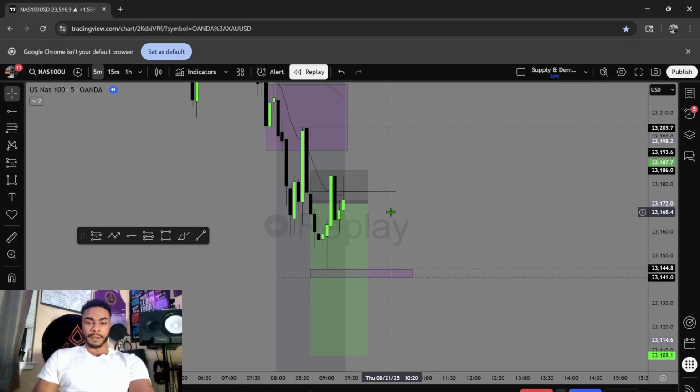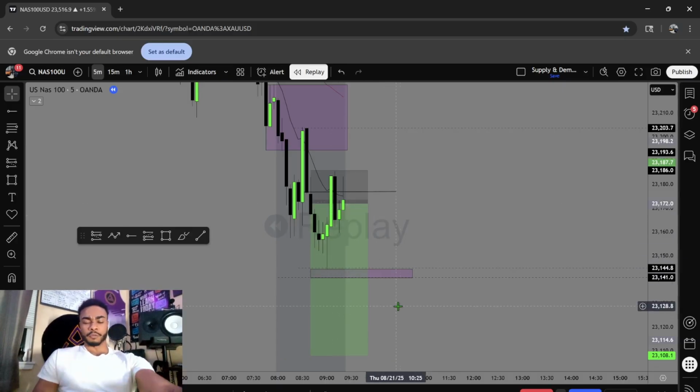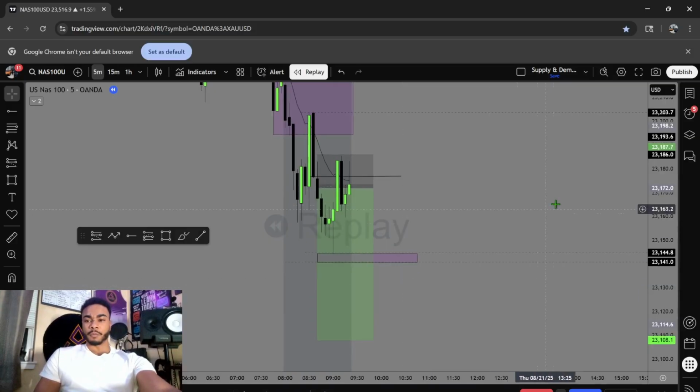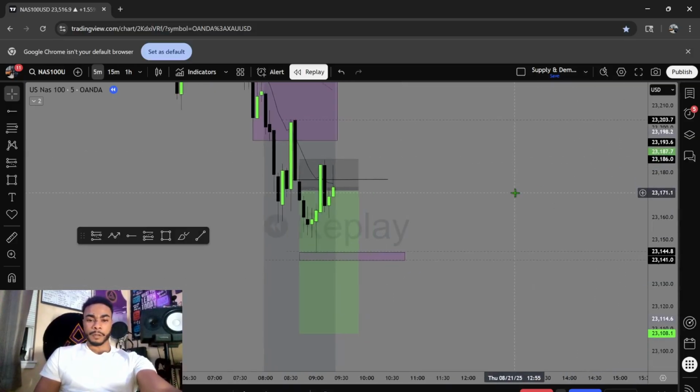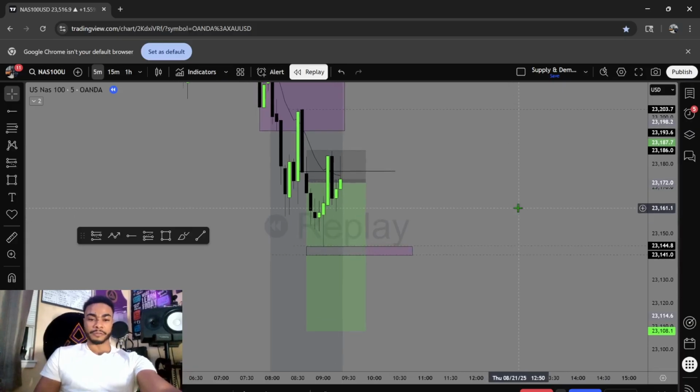A lot of fake outs, a lot of good setups, and price has been faking out. It has not been going to my 2-to-1 as often. Price mainly been going for 1-to-1. Most of the trades that I've been taking, I've just been seeing 1-to-1 get hit. And that's about it. So this summer, price action has just been terrible.